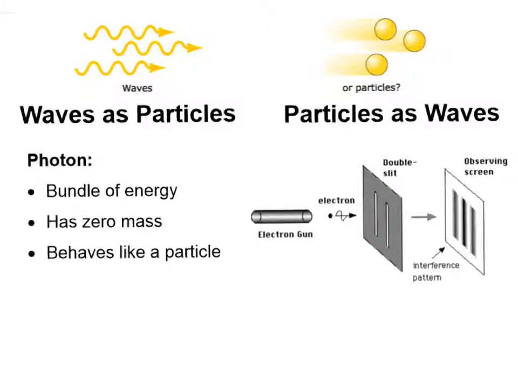You know that if you were to stand here with a spray can of paint and spray paint over this, behind it there would only be two slits produced, because those spray paint droplets are particles that are going through. They would produce simply two slits of spray paint on the other side. However, when this electron gun was shot at these slits, we see that an interference pattern was formed, similar to the one formed by light.